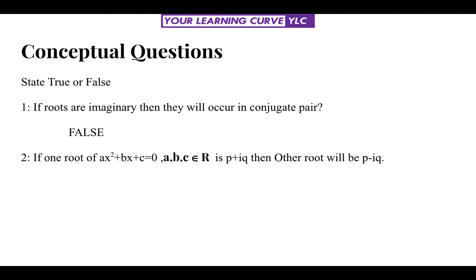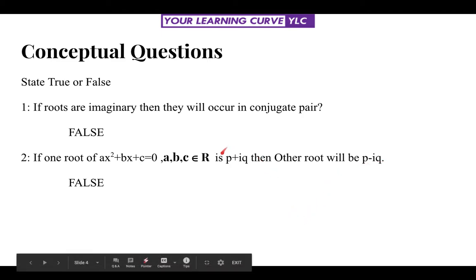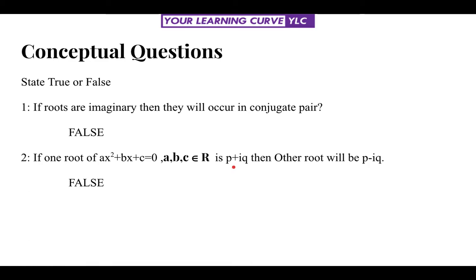This is also false, because if p plus iq is one number, this looks a complex number, that is p plus iq, then the other root will be p minus iq, conjugate of this. But what happens if q itself is a complex number, that is suppose p plus i times 3i, i times 3i, that is 3i square, that is p minus 3. This is not a complex number.